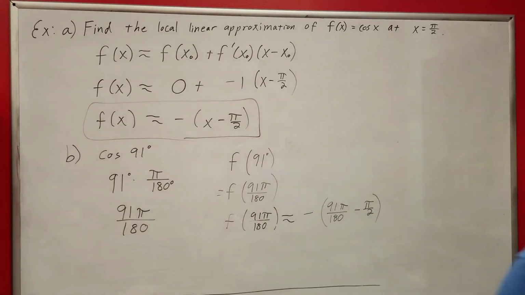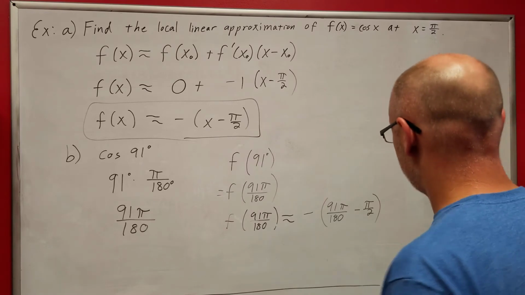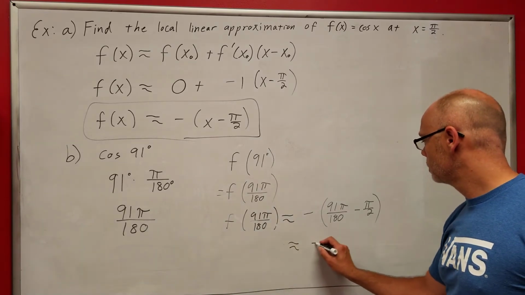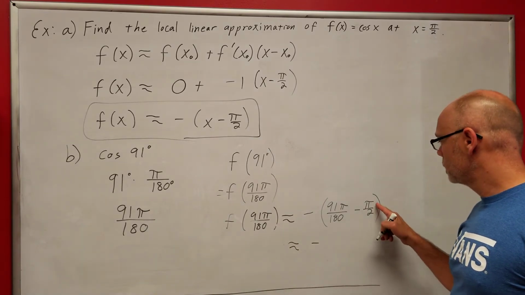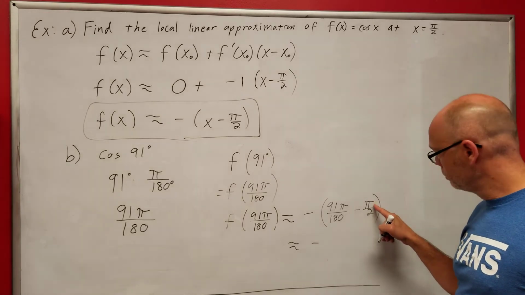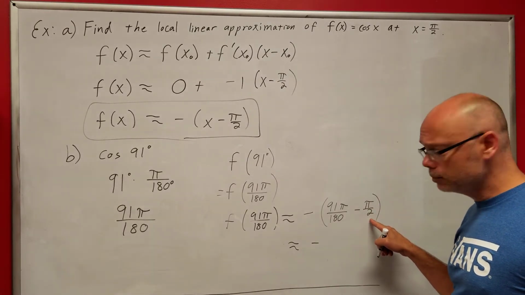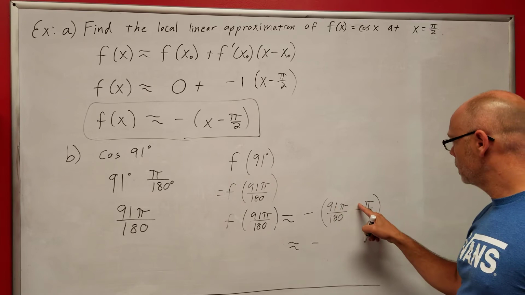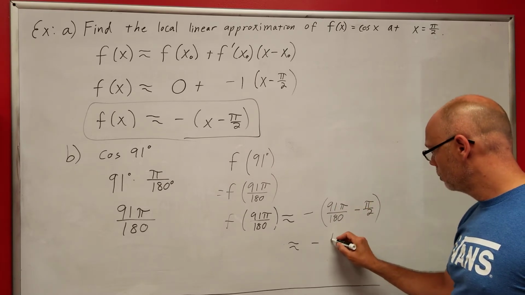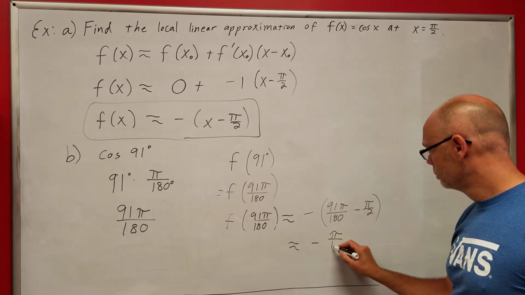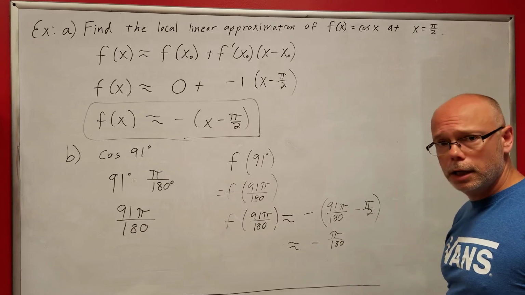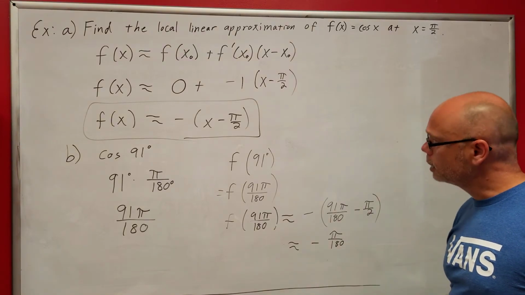All right, so go ahead and subtract those. So it's going to be approximately negative. Now what is this? This is 90 pi over 180, right? So 91 minus 90 will be 1 pi over 180. And then plug this into your calculator.